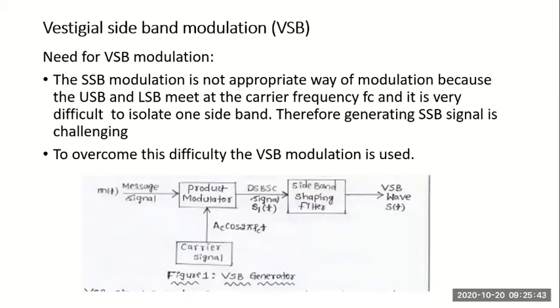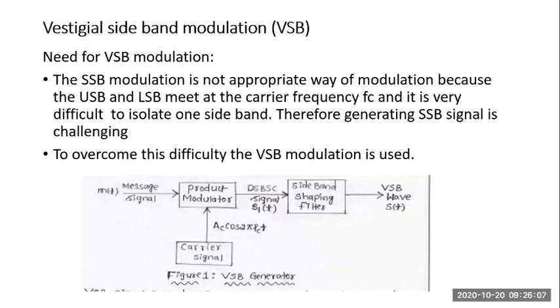So vestigial sideband modulation is a technique where we are simplifying the filter design needed in an SSB-SC system, so that along with the complete required sideband, I'll allow a portion of the unwanted sideband to also filter through.